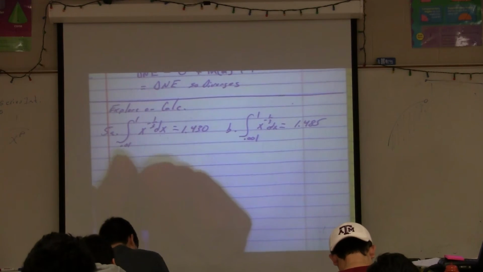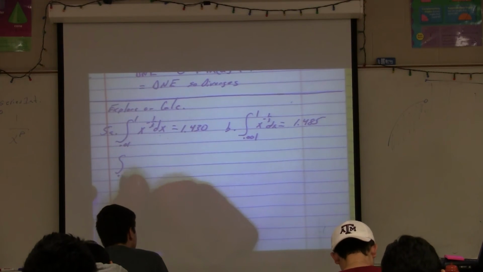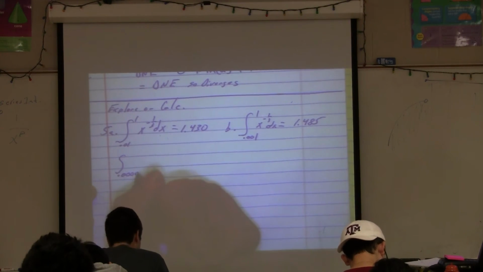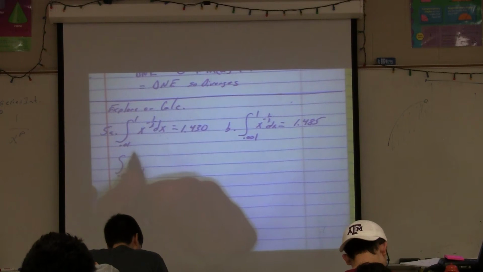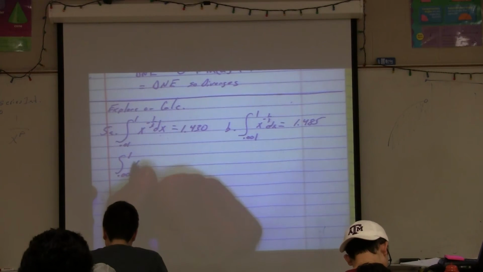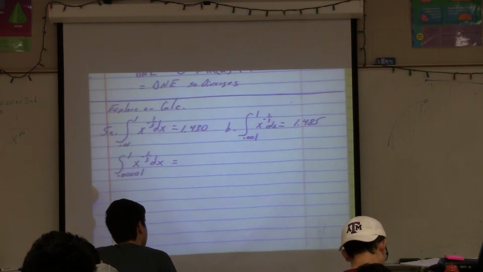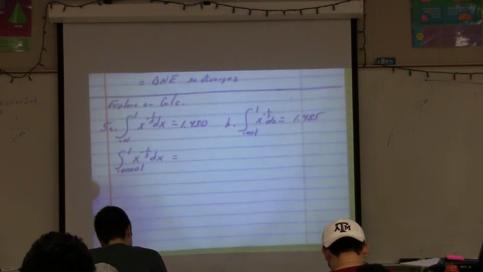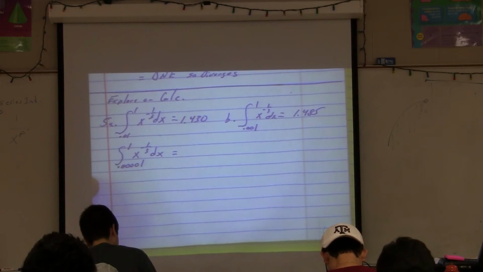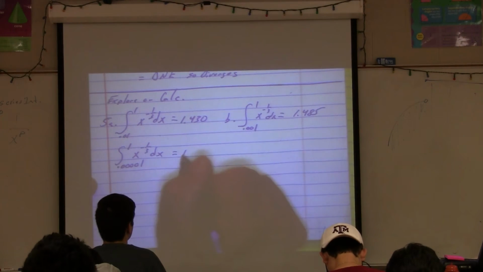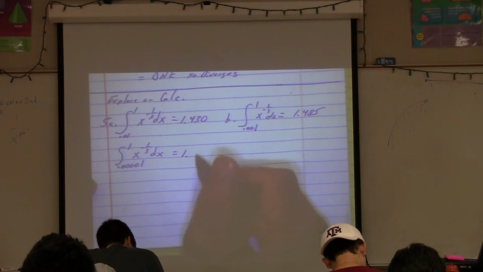Converge. Let's get closer, so 0.00001. That's four zeros and then a 1. Is that pretty close to 0? Pretty close. I get 1.497.